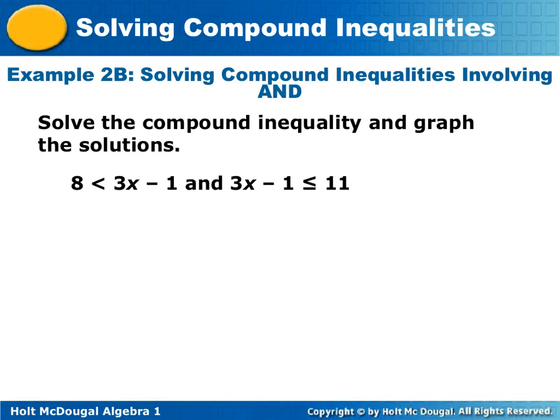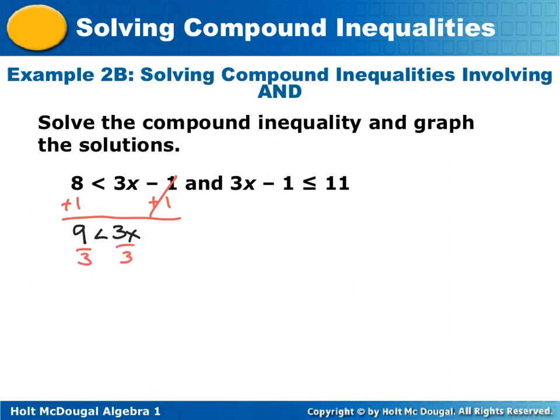So I'm going to start over here with the first one. I've got 8 is less than 3x minus 1. Well, step 1 is I want to add 1 to each side. So 8 plus 1 is 9, which is less than 3x. Okay, now, what do you think you need to do to get x by itself?